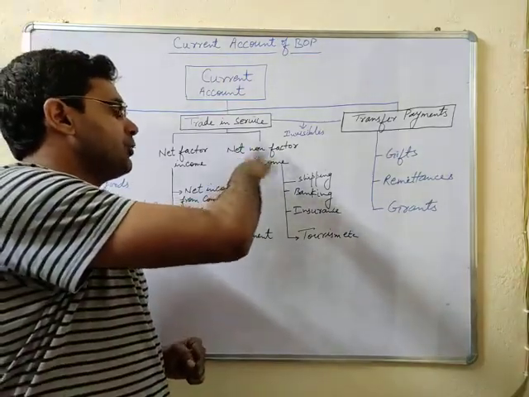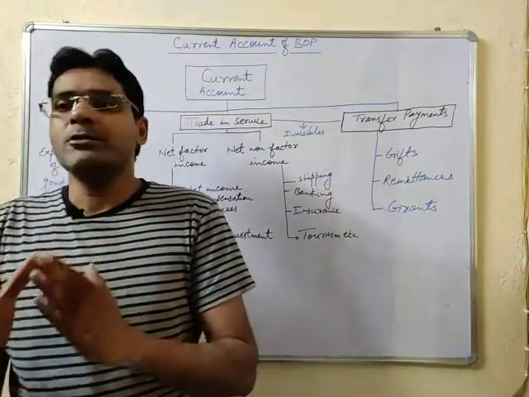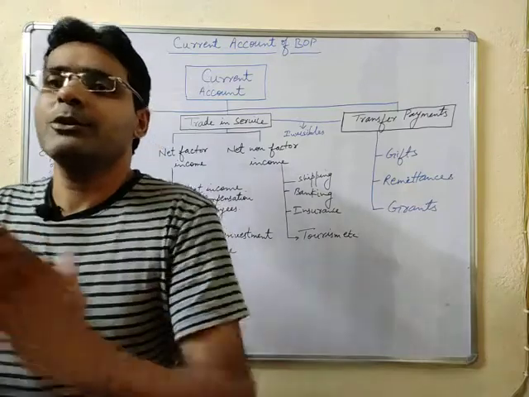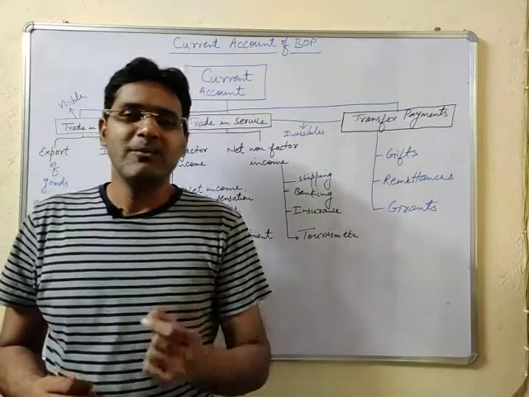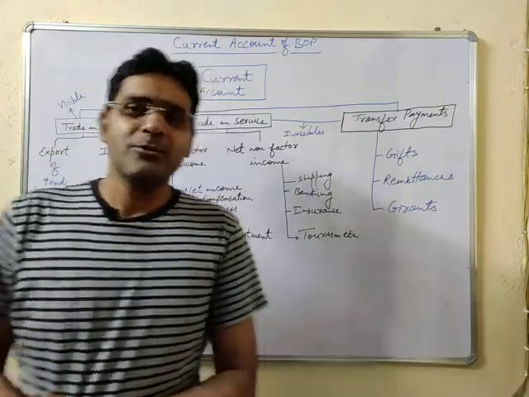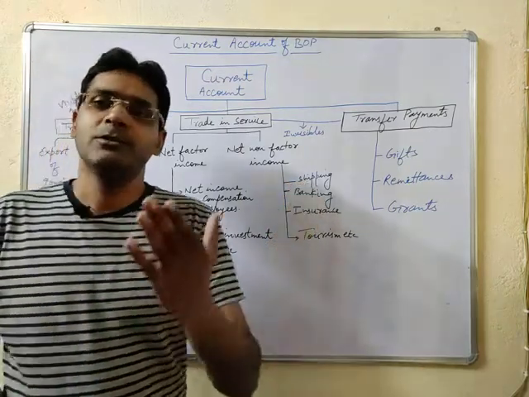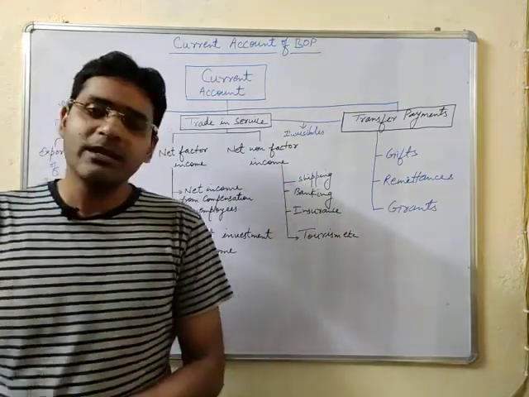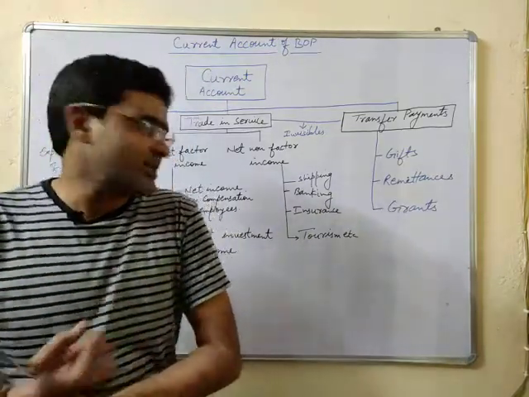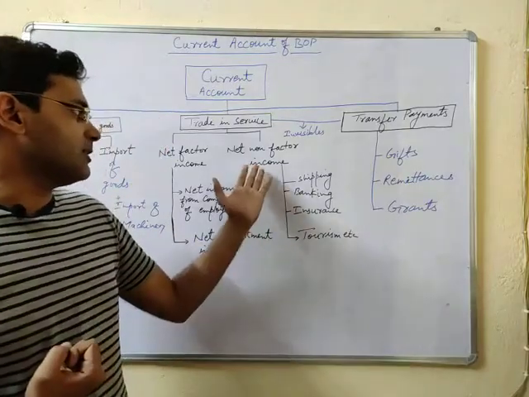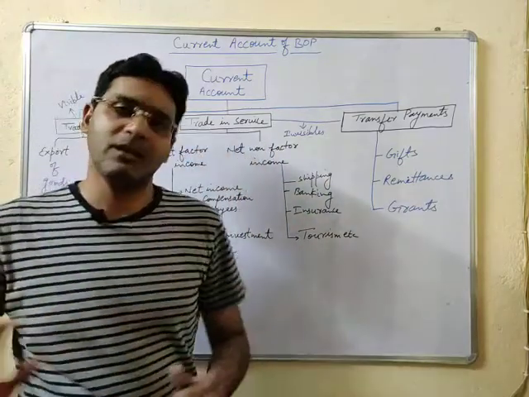Now net non-factor income. Non-factor income means the income which is not earned from the factors of production, that is, not from land, labor, capital, etc. It is the income we get from shipping, banking, insurance, tourism, software services, etc. This income will be included under net non-factor income.